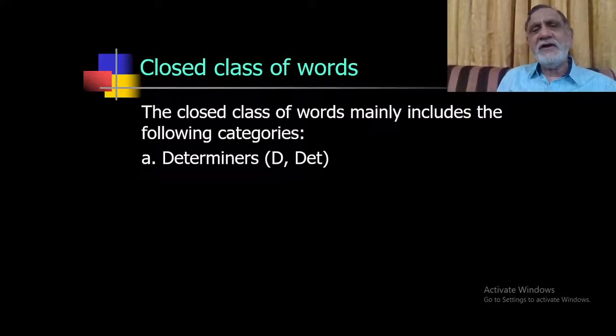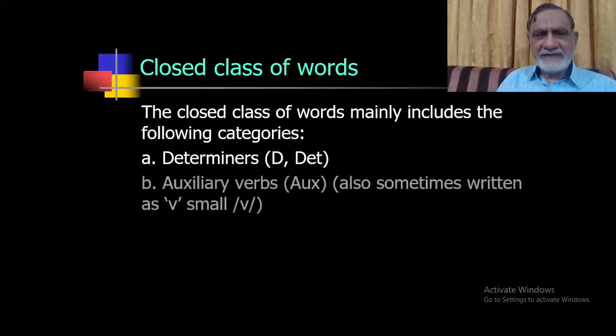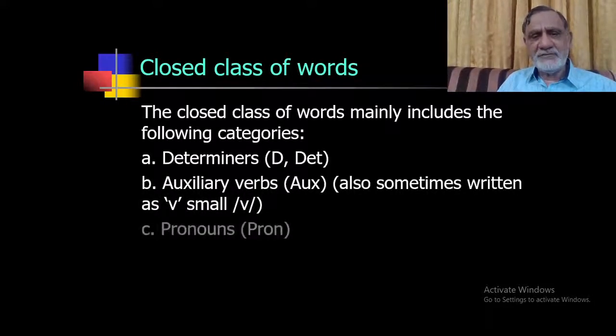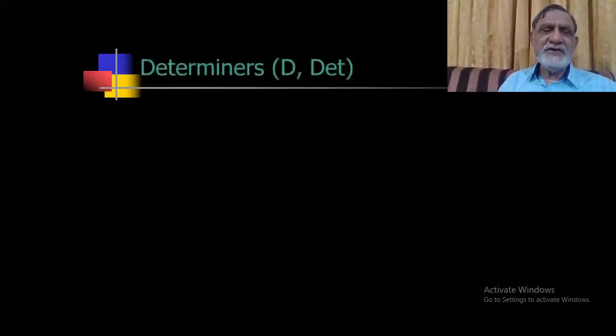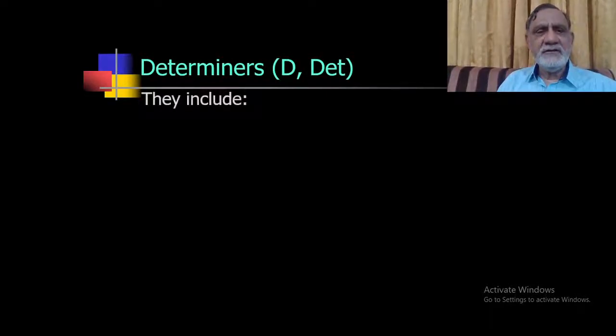So the second half is closed class. The second half of these words is the closed class of words. And the closed class of words mainly includes the following categories: determiners, then auxiliary verbs, then pronouns, then prepositions, and then conjunctions. Each one of them is explained here.